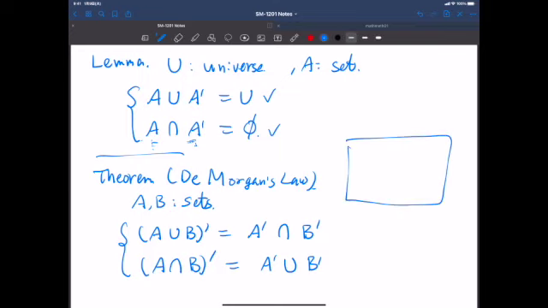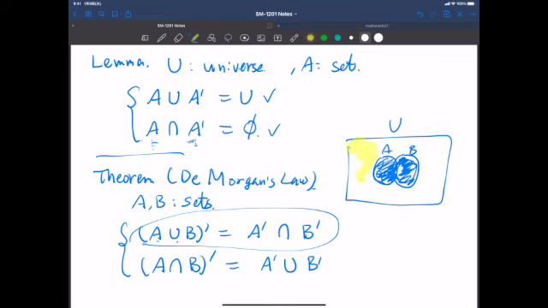Again, by using a Venn diagram for the first one, suppose we have U and this is A and B. So A union B is this part, right? Its complement is everything else outside A or B. So this yellow part is A union B complement.